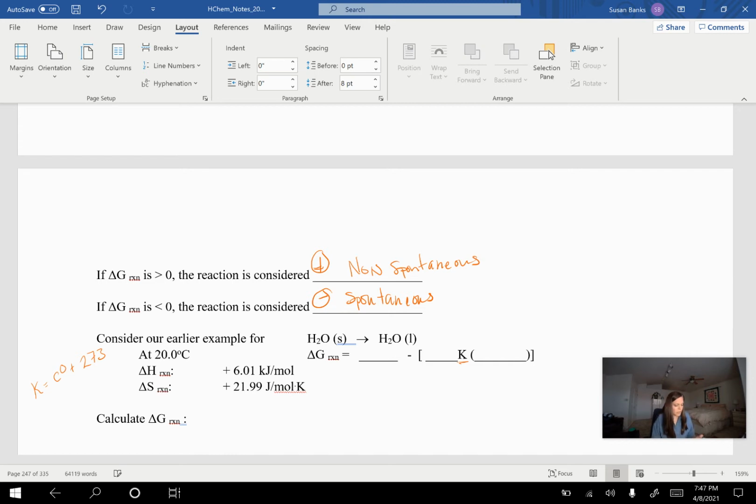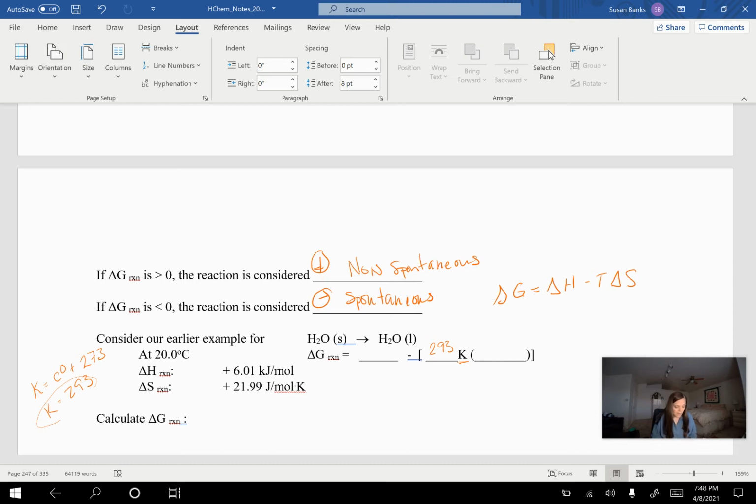So 20 plus 273 means our Kelvin temperature is going to be 293. We are going to use this equation where delta G is equal to delta H minus the temperature multiplied by delta S. I've already figured out the temperature, so I'm going to put that here. I have a temperature of 293 Kelvin.